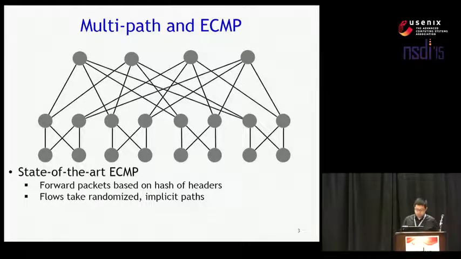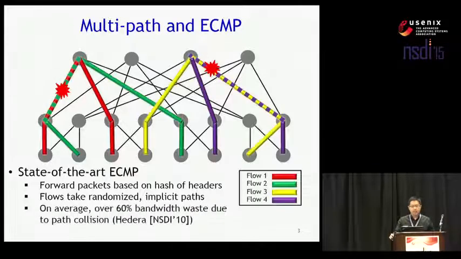Due to this, previous studies showed that on average, not the worst case, over 60% of network bandwidth is wasted due to path collision, especially for elephant flows. As we show in this example, elephant flows can be mapped onto the same path, which causes collision while leaving other paths sitting idle.